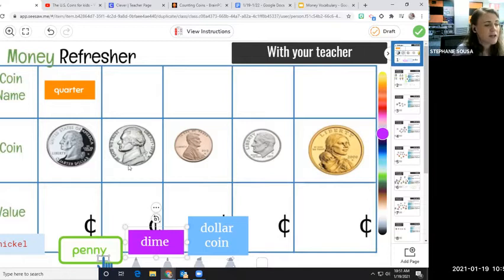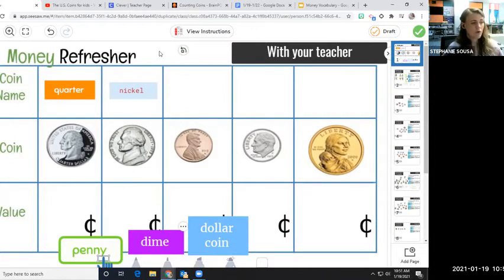Here I have a coin that looks thick and fat. So guess what? It's worth 5 cents, and I know that. It is a nickel. Go ahead and label nickel as that second coin. We'll get our names done first, then we will go through the values. We have a quarter.